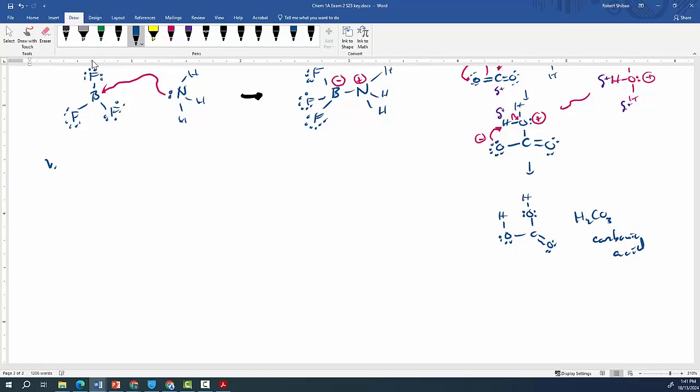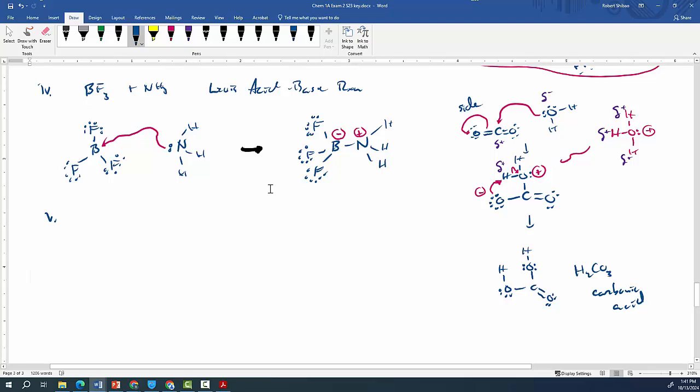So what we have here is, actually, this is much more favored than the reverse direction. And so to show that, I'm going to write big arrows going backwards here. Carbonic acid is going to want to decompose into CO2 and water. But that doesn't mean all of it decomposes. It could be a little bit left over. It's a weak acid.